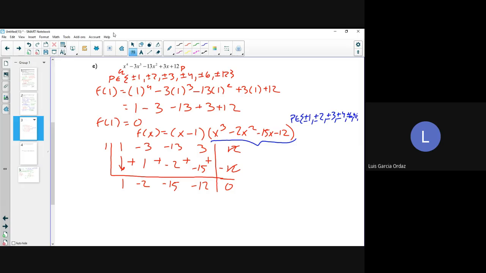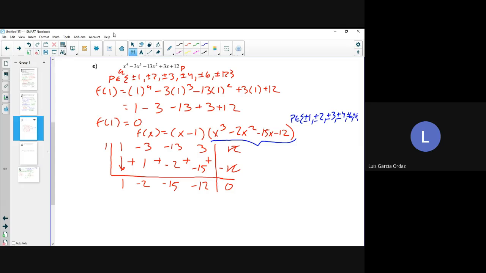1. You want to try 1 again? So if we plug in 1, we get 1 minus 2, which is negative 3, minus 15, which is negative 18, minus 12, which is negative 30. So does that give us 0? No. What other one do you think you're going to try?